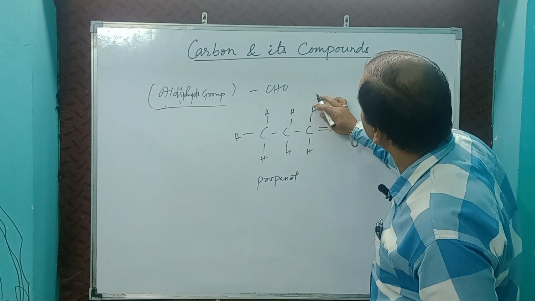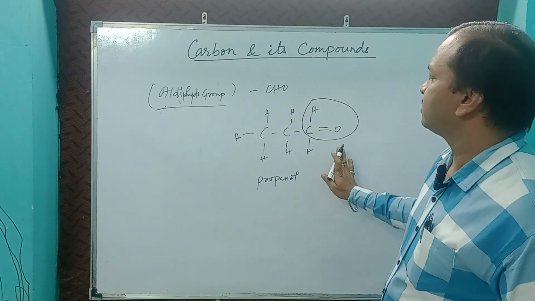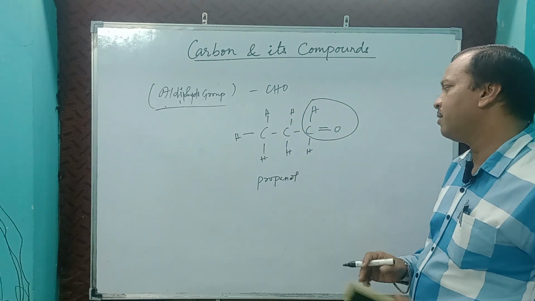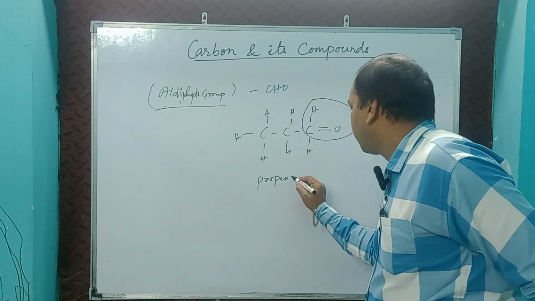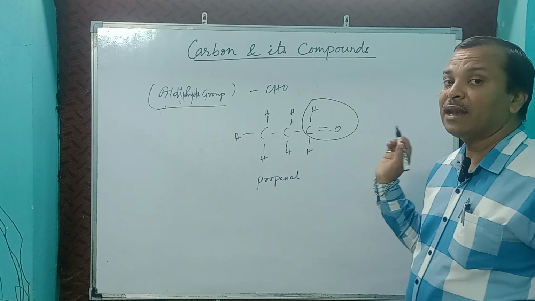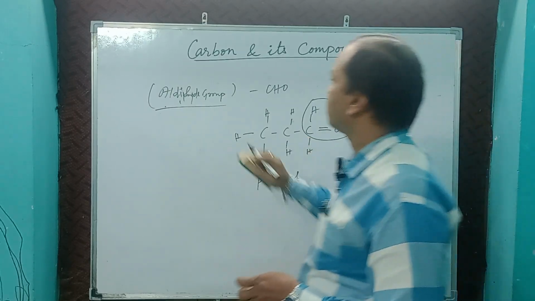Here it is H, and this will become CHO. It is aldehyde. Then the name will change from propanol to propanal. Clear?